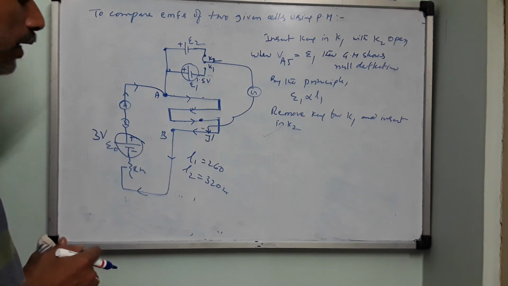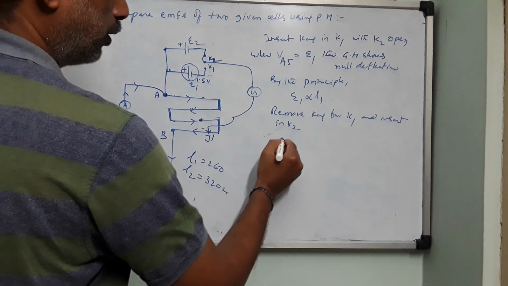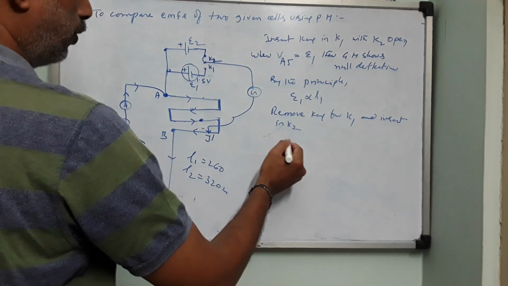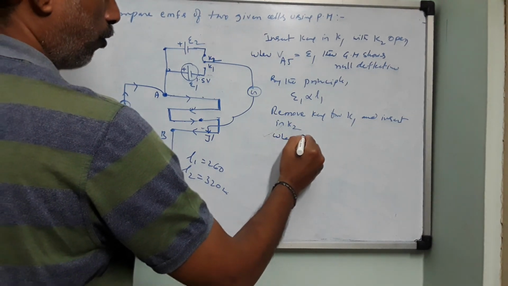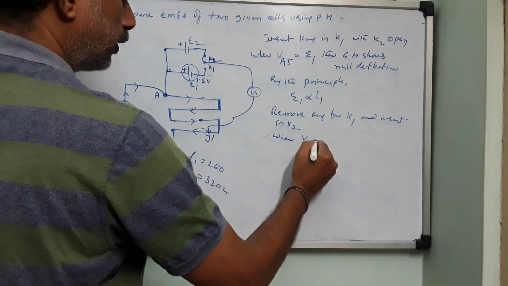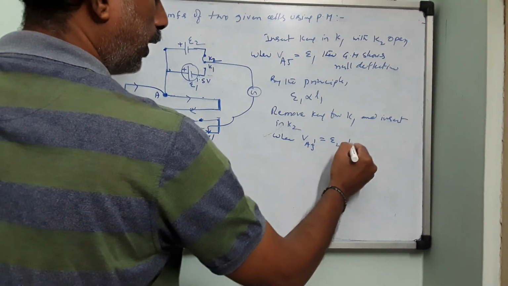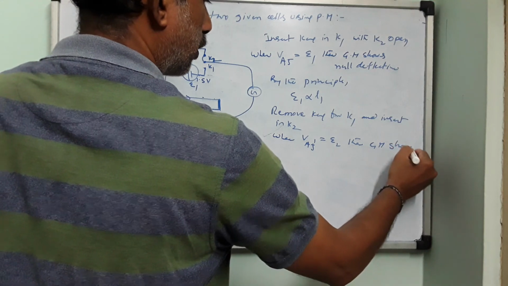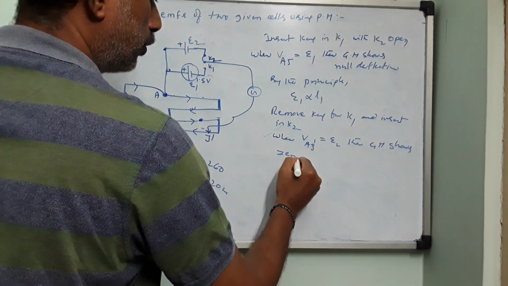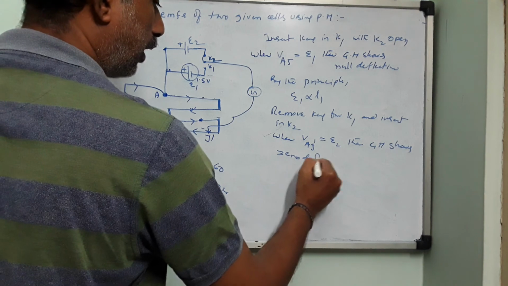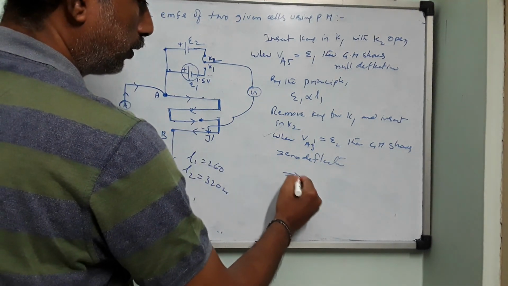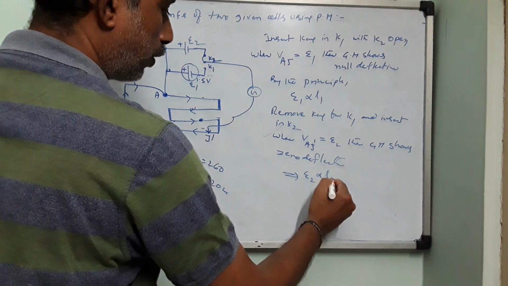Then what does it mean? Now remove the key from K1 and insert in K2. Now when V_AJ' equals E2, then the galvanometer shows 0 deflection or null deflection. This implies your E2 is proportional to L2.